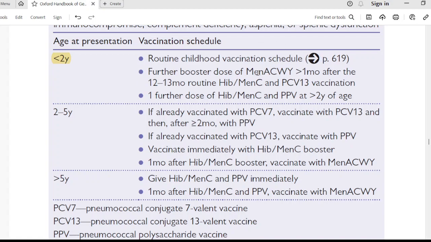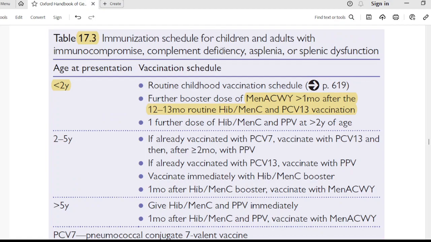Further booster dose of MenACWY 1 month after the 12 to 13 month routine Hib, Men-C and PCV vaccination. So a patient less than 2 years should receive all the routine vaccinations.